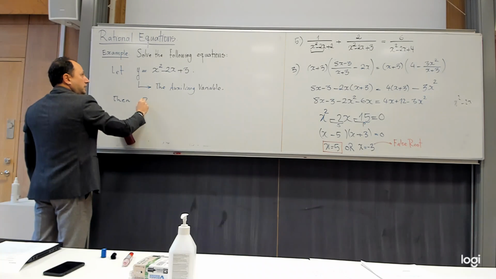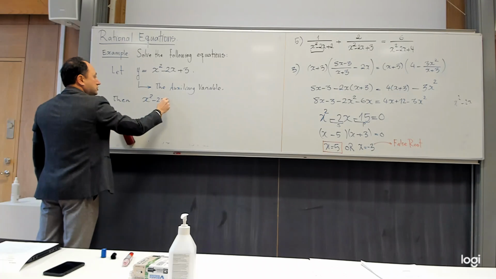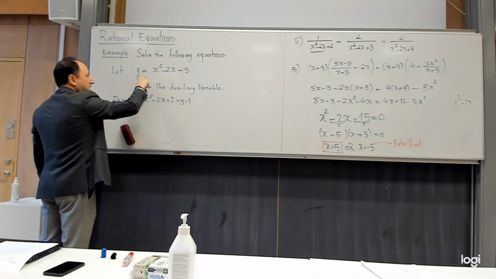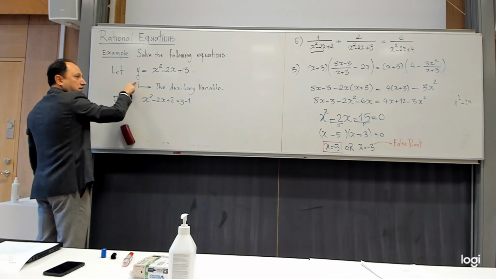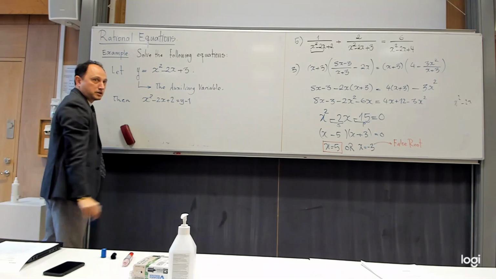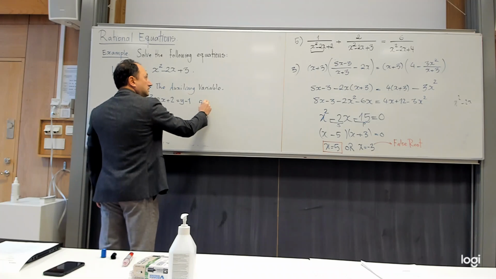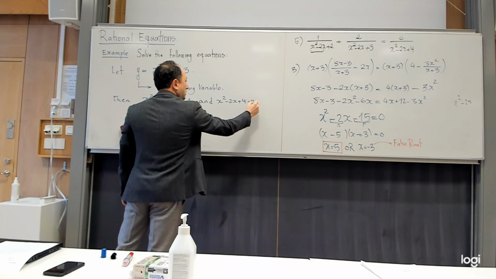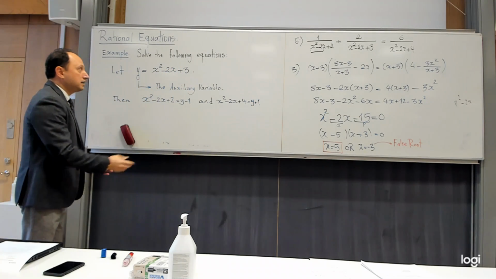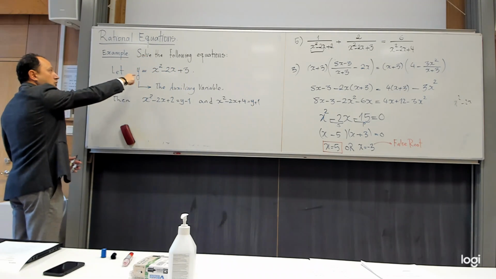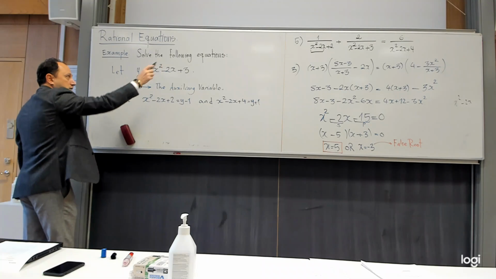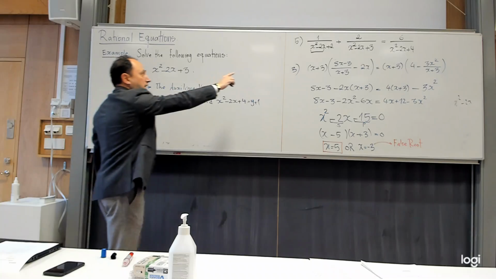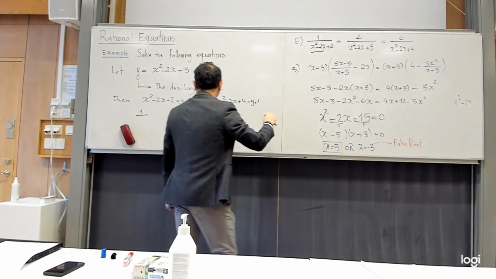So what can I write for x squared minus 2x plus 2? This becomes y minus 1. Everyone agrees? If I give this the name y, then this one becomes y minus 1, and x squared minus 2x plus 4 becomes y plus 1. Then I will replace everything according to this new variable. So this equation would be 1 divided by, instead of x squared minus 2x plus 2, what can I write?